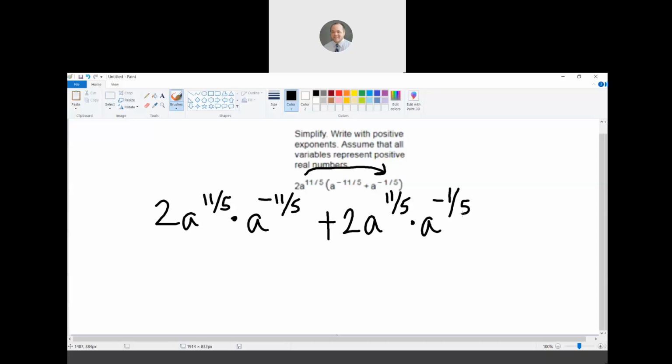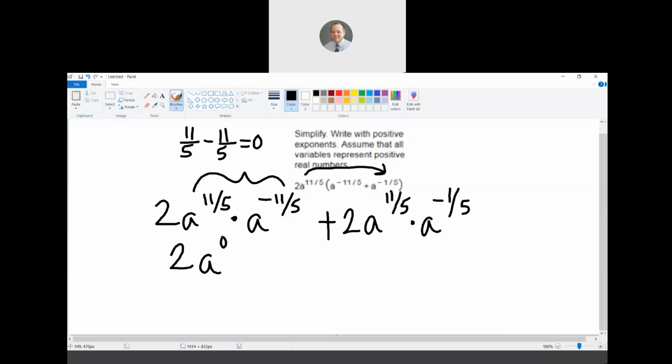This is the rare time you don't have to change your negative exponents into positive ones. You can simply use the product rule each time. So right here, when we combine our exponents, well, 11 over 5 minus itself is 0.